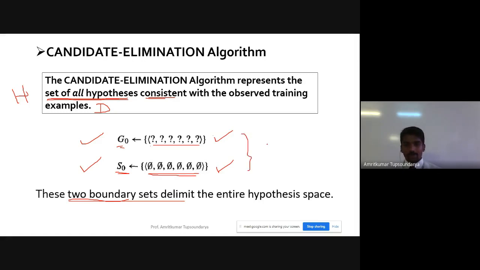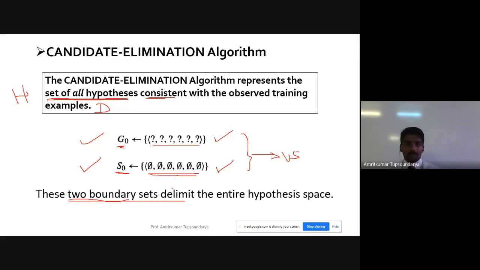These boundaries behave like delimiters. So whatever version space, the set of hypotheses that we are going to get, will fall under these boundaries. They will be in between these boundaries. Either more general or more specific, right? Because these are our boundary hypotheses. G0 is our most general, S0 is our most specific. So our version space has to be in between these two boundaries.